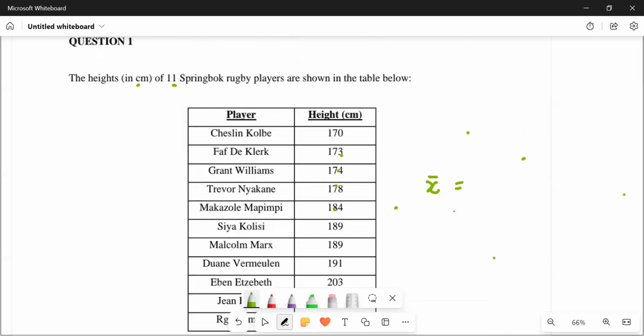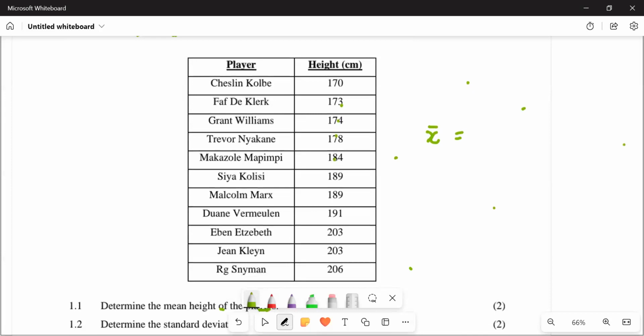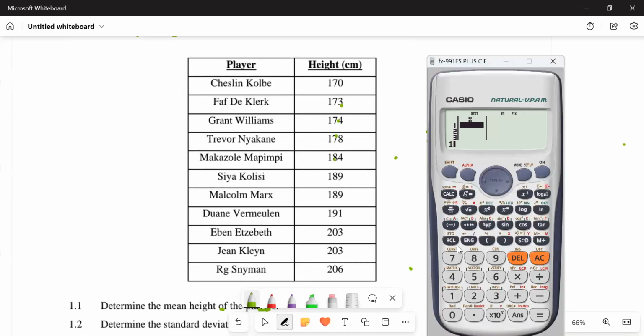If you put in the data, you have 170 equals, 173 equals, 174 equals, 178 equals, 184 equals, 189 equals, 189.